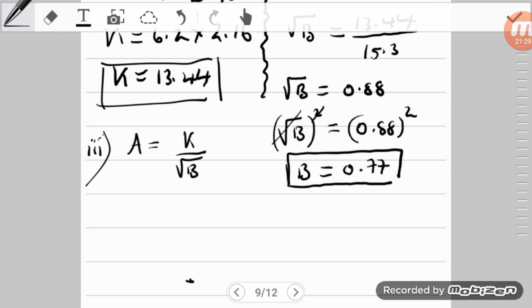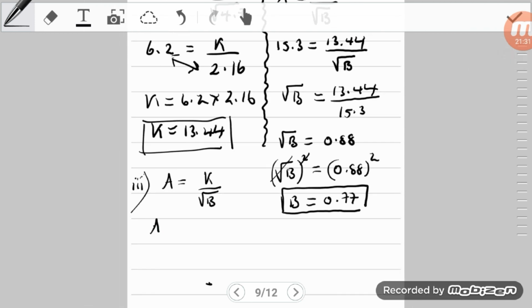If you take the square root of 1.5, you're going to find that it is equal to 1.22. So A then would have worked out to be 13.44 divided by 1.22, and then this works out nicely here.